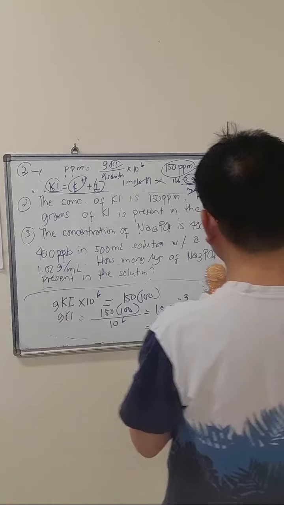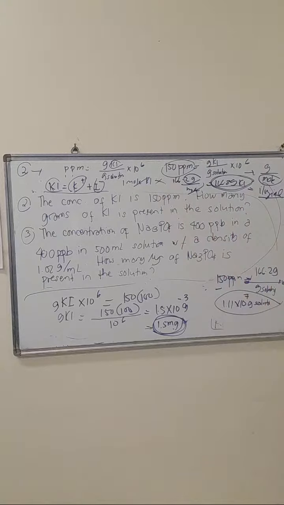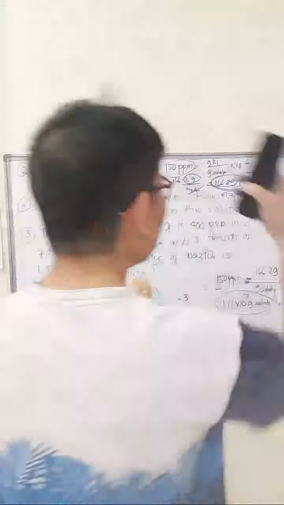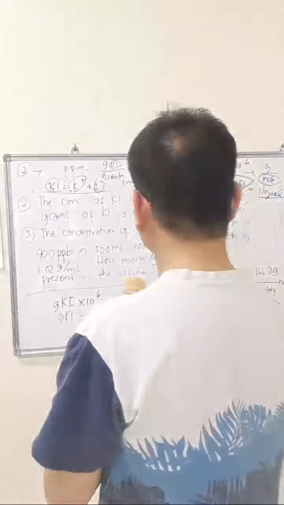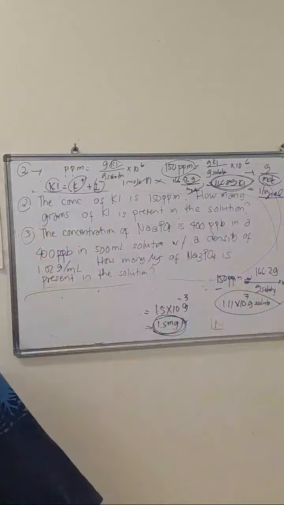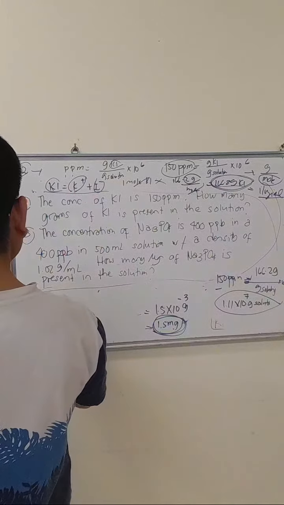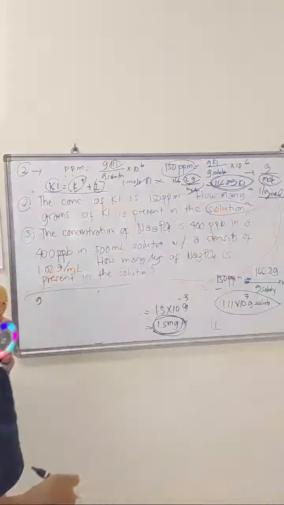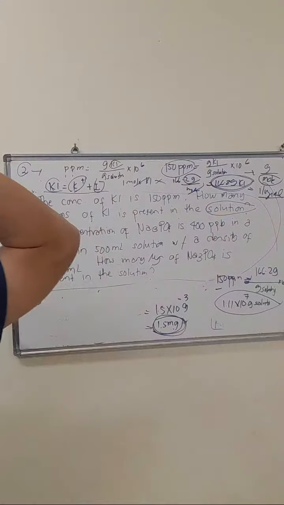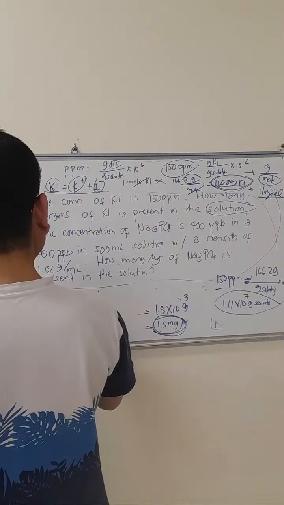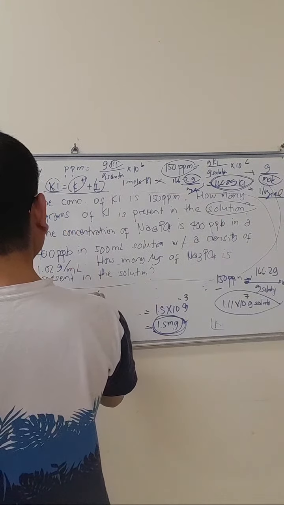Now, grams of solution. Convert it to milligrams later, but just take note of it for later. Going back to the very basics in solution. Let's assume this is water because it's not mentioned, there's no solvent. Normally, if not mentioned, that is water. So grams of solution is grams of water plus grams of potassium iodide. Why?